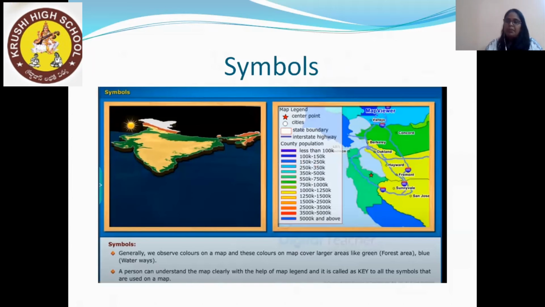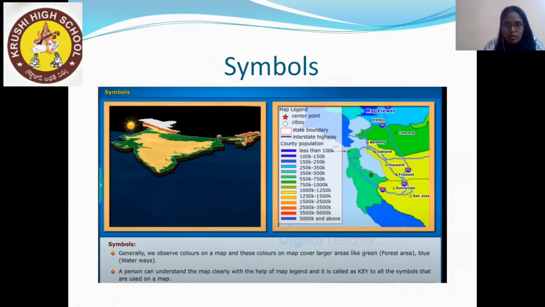We can't make big drawings. So to make it simpler, the geographers use many symbols to locate places on a map, so that we can easily locate them. It makes things very easier, children.